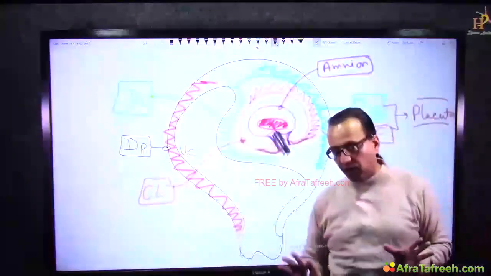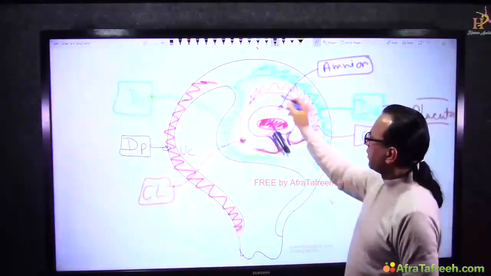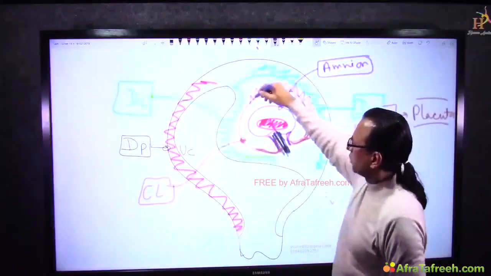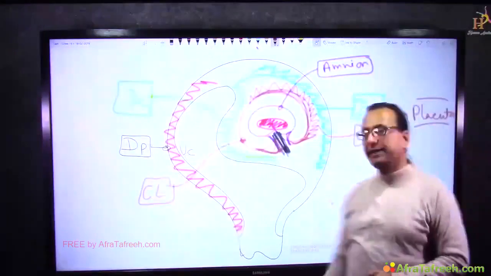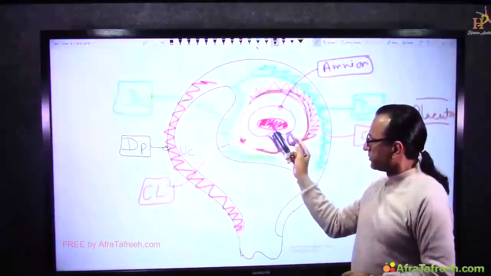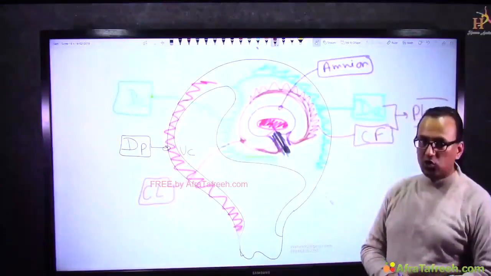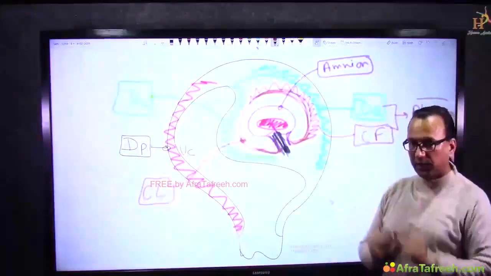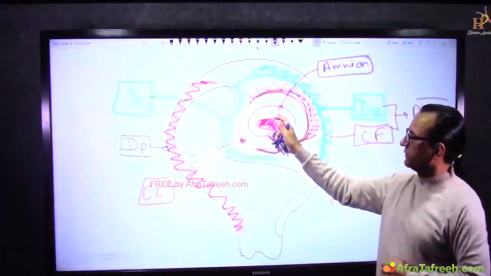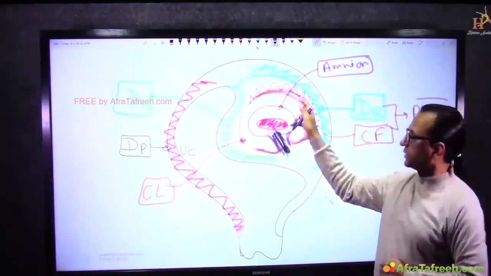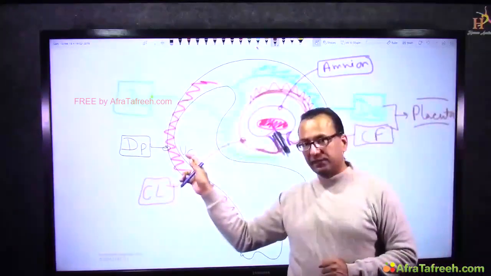See, the placenta is covered by chorion, and the umbilical cord is covered by amnion, which is also covering the amniotic cavity, suspending the fetus in the amniotic cavity. This is the amniotic cavity, yes. And this is the chorionic cavity, yes. And this is the uterine cavity, yes, it is.